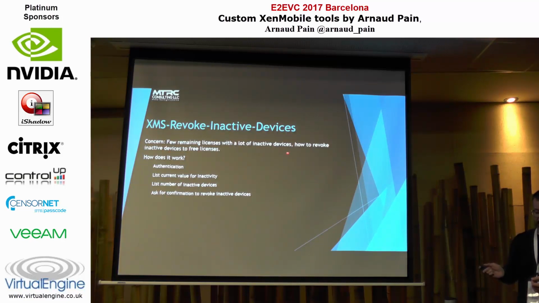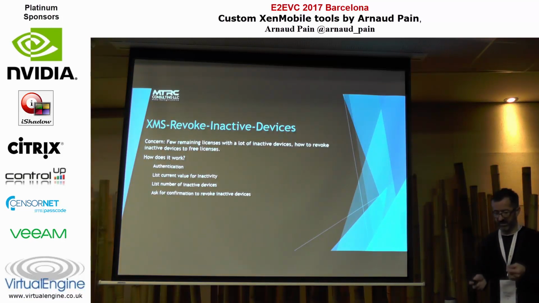The other one is revoke inactive device. After this period of time, the device is marked as inactive. However, the license is still consumed. I was working for a customer with more than 9,000 annual devices, and more than 1,000 of those devices were inactive.